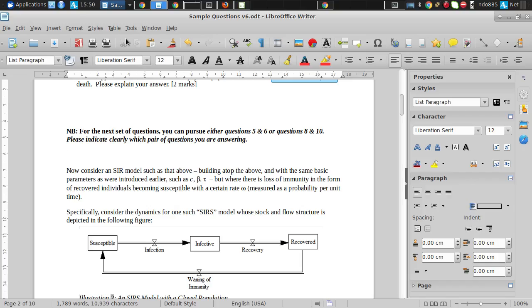Normally, you're going to have some sort of stable endemic equilibrium associated with the presence of a disease, or in many cases you will, I should say.